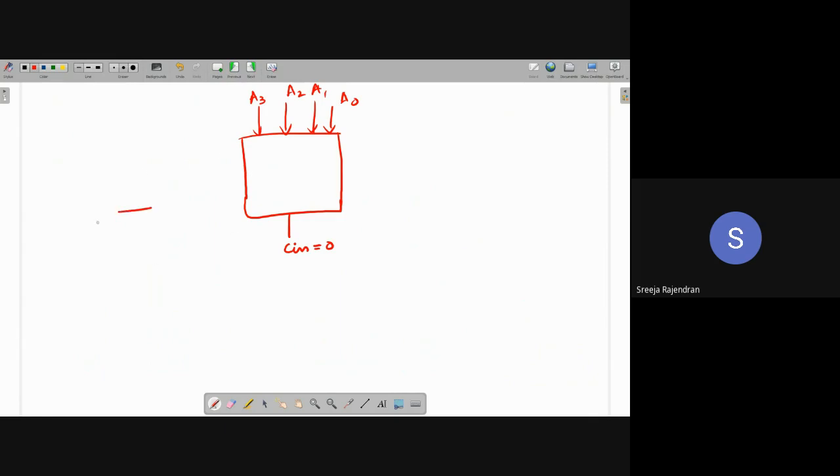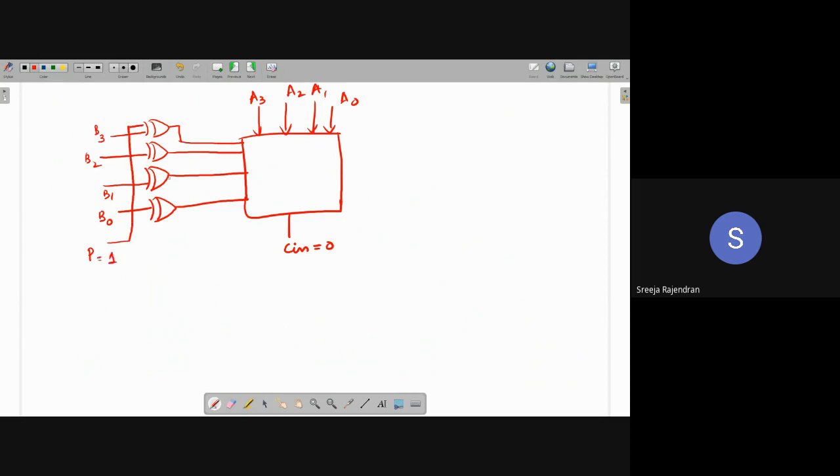Now each of my bits B0, and so on. I have the sum bits generated, S3 to S0.